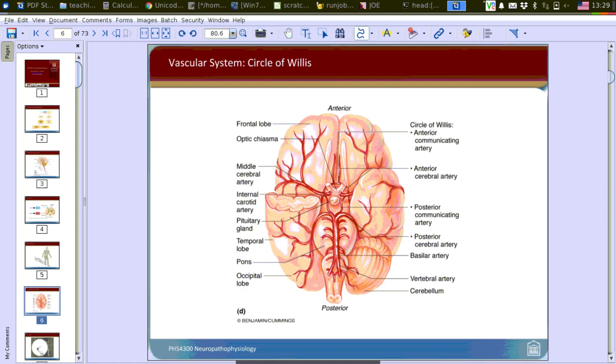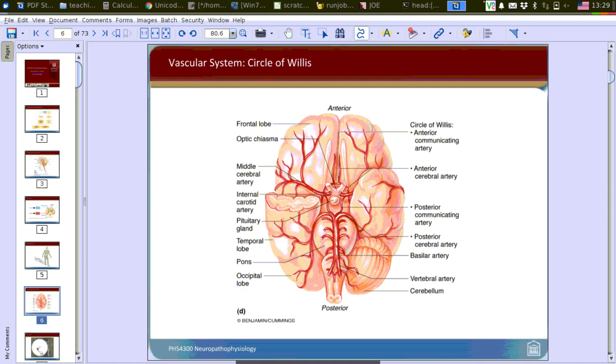Oftentimes, when the activity of the brain is going to increase damage, clinicians will put the person in an induced coma to reduce brain activity so that they can allow mechanisms to heal the brain and so that the increased activity doesn't occur and damage the brain more.